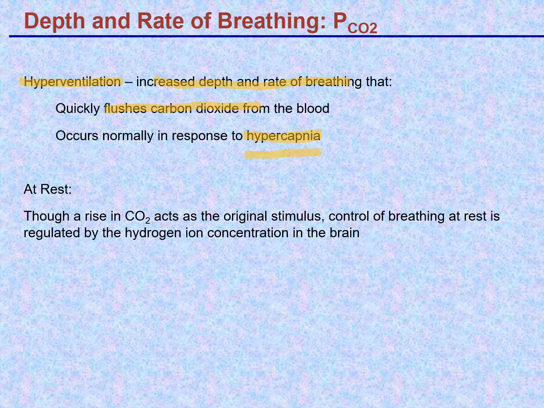With hypercapnia, it's detected and triggers increased rate and depth of breathing so that you can return to a normal CO2 and therefore hydrogen ion concentration. When you're at rest, the original stimulus is, of course, the rise in CO2 causing increased ventilation. But in the end, as I mentioned earlier, what really is detected is the rise in hydrogen ion concentration due to that rise in CO2.